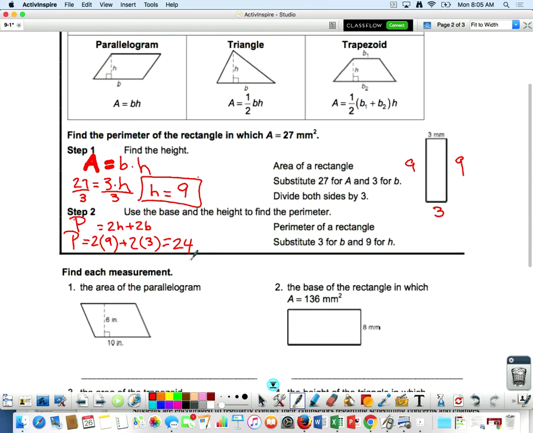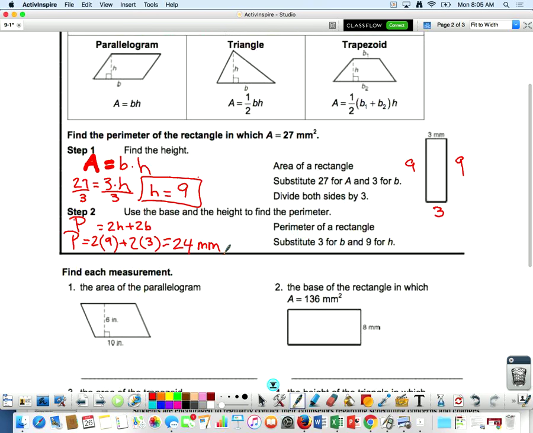For this one, height is millimeters, and we're timesing it by 2, so that's still millimeters. Base is millimeters, and we're timesing it by 2, so that's still millimeters, right? So our units is not millimeters squared, it's just millimeters.